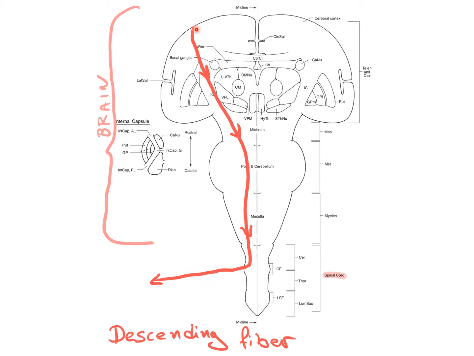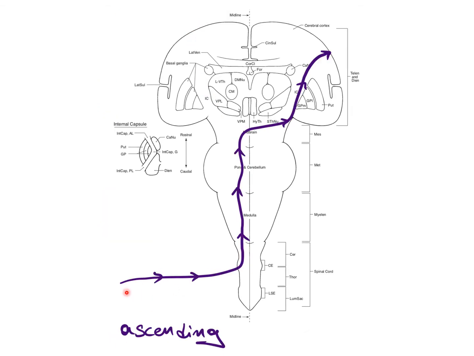Why? Because the information descends from the higher levels of the brain down to the spinal cord and then to the periphery. While if we have the opposite, that means that it is going to have the dendrites here and the terminal output area here, then this is going to be an ascending fiber because the information ascends from the periphery to higher areas of our nervous system.